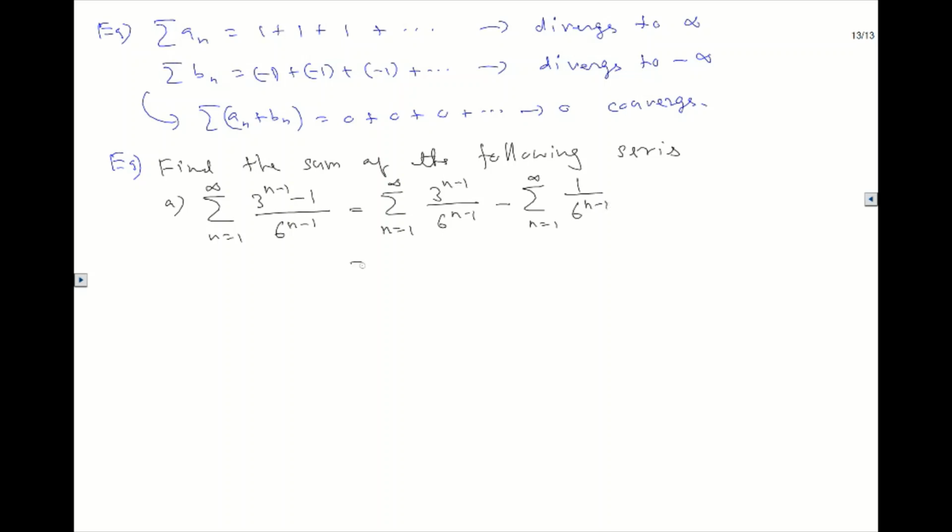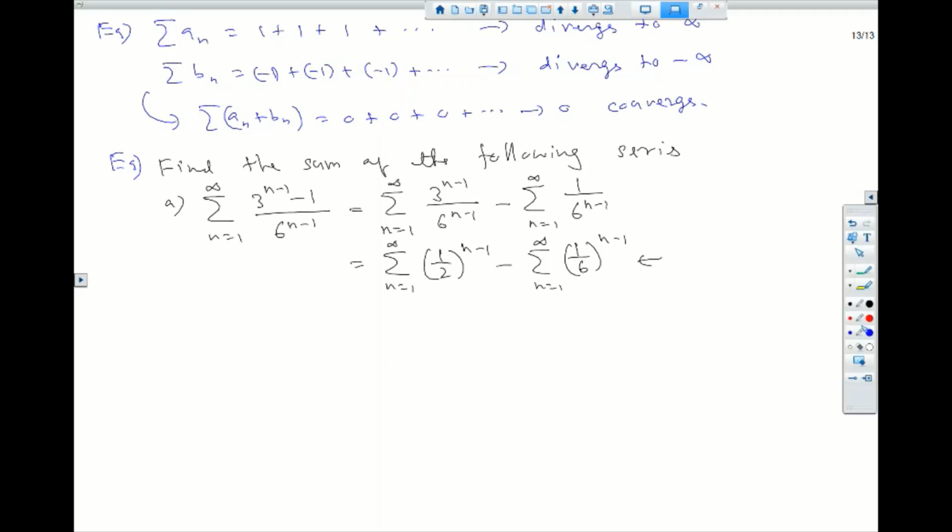And then we can combine, and we can write this as geometric series. We combine 3 and 6, so it becomes (1/2)^(n-1), minus sigma n going from 1 to infinity, you can rewrite this one as (1/6)^(n-1). And you can see that these are geometric series, because when you use r to the n, it's a geometric series.